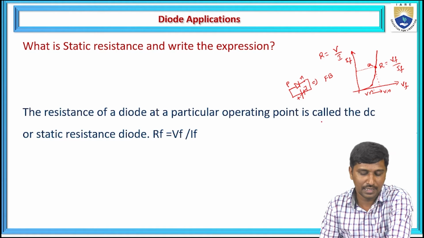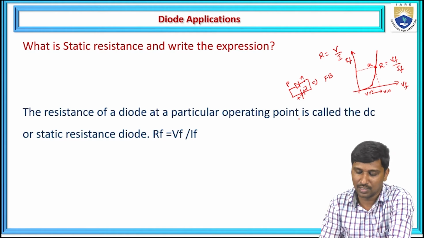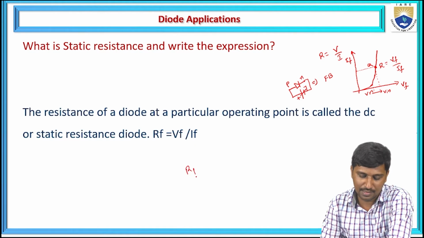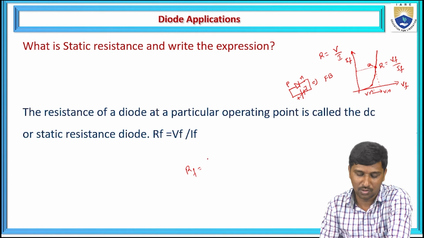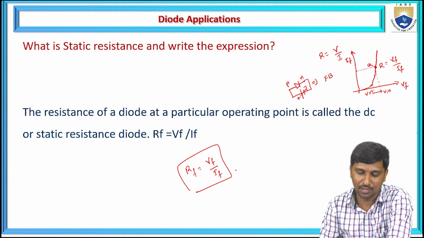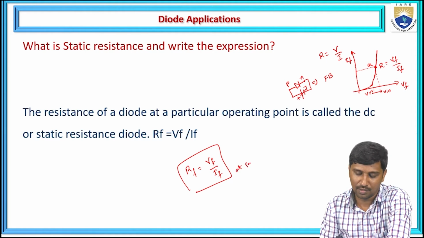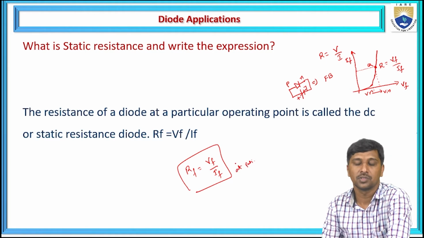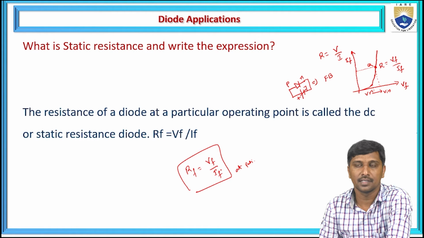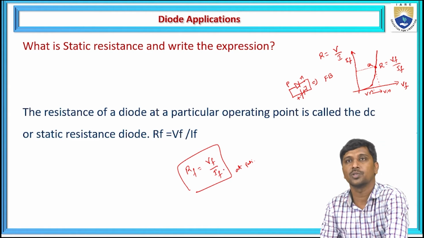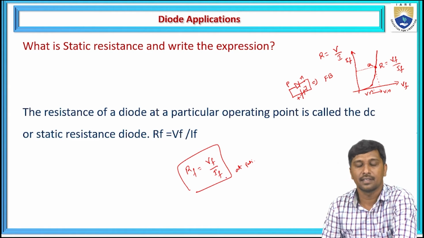It is called the static resistance and is represented as RF. It is the ratio of forward voltage to forward current of a diode at a particular Q point, which is why it is called DC resistance, or static resistance.